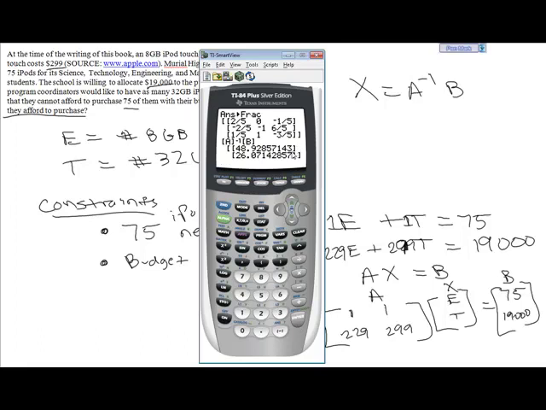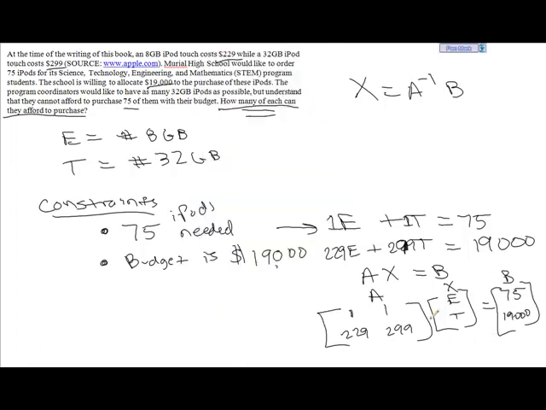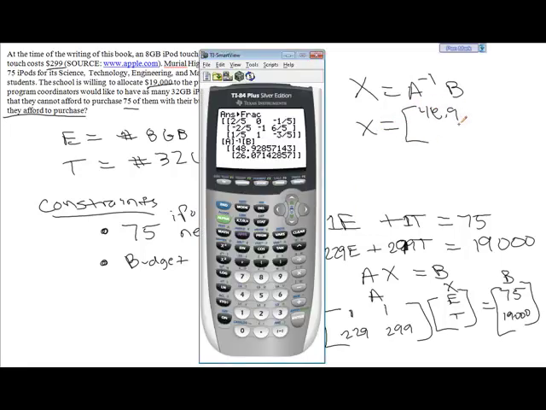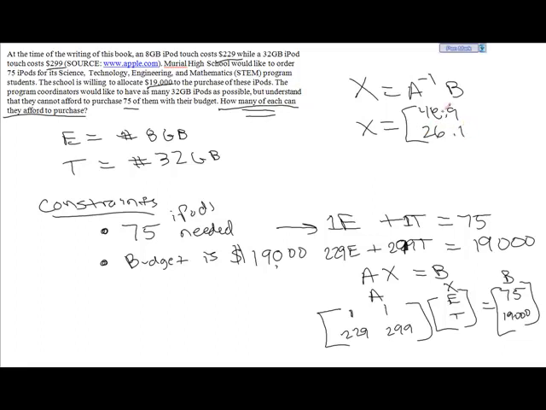some odd numbers, of course, because it might not be possible to purchase exactly a whole number version of them. So this tells me that my X matrix is equal to the values 48.9 and 26.1. Remember, this is really representing the number of 8 and the number of 32 gigabyte iPods I want.